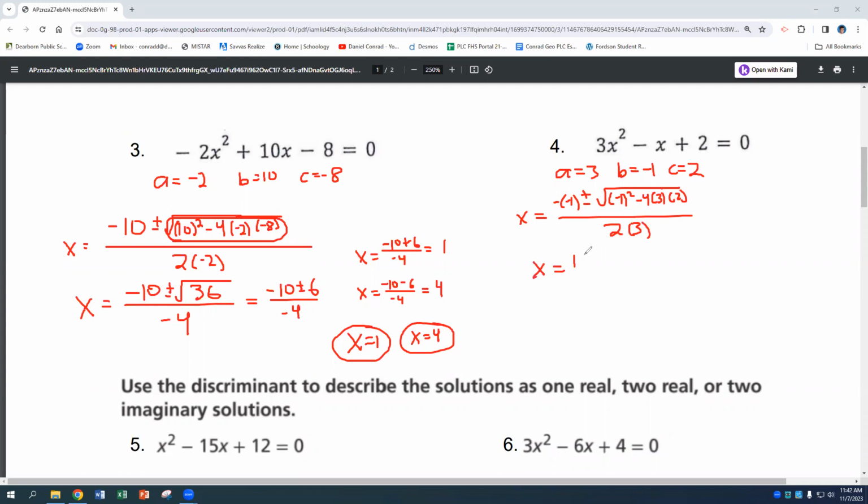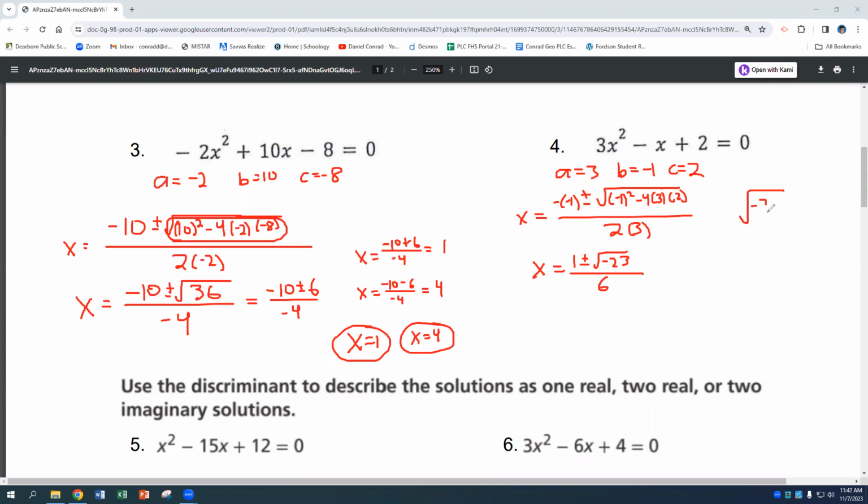So I'm going to get 1 plus or minus the square root of 1 minus 24, which is -23, all over 6.